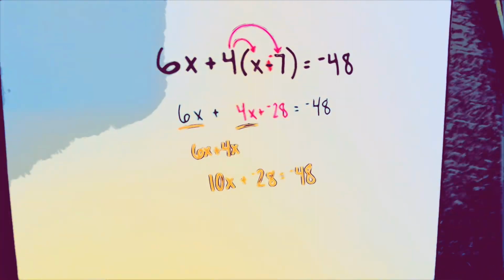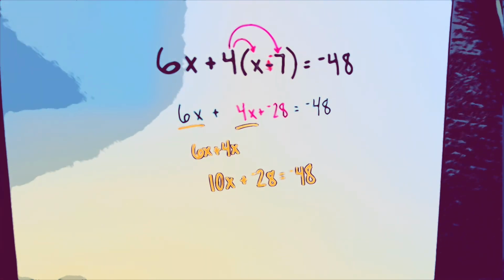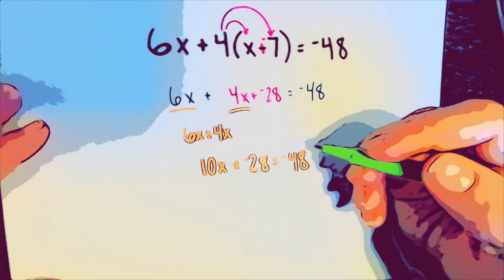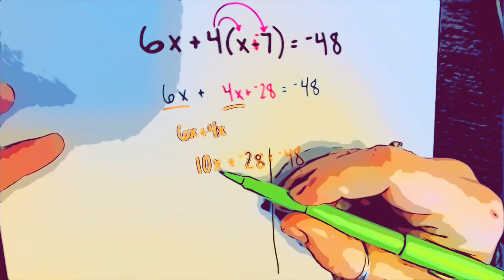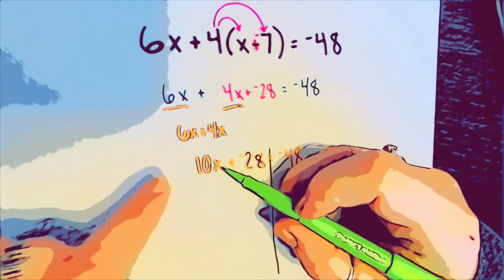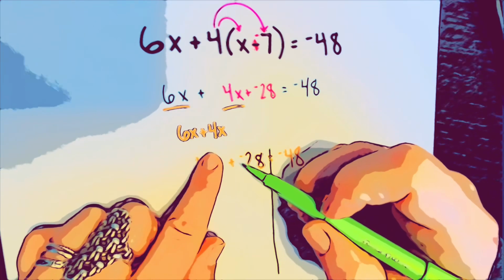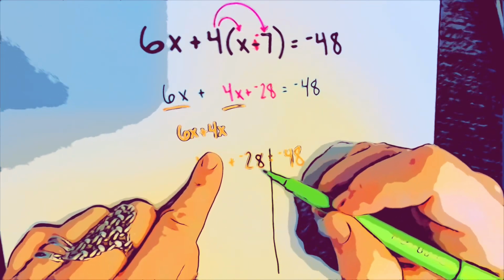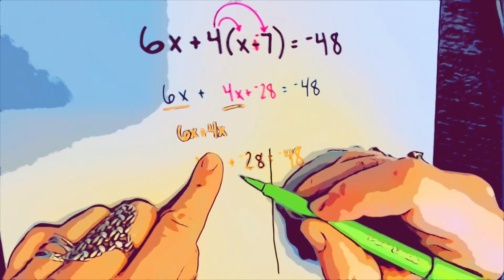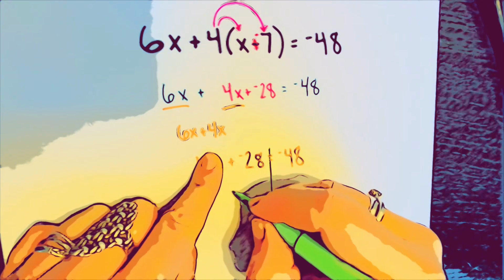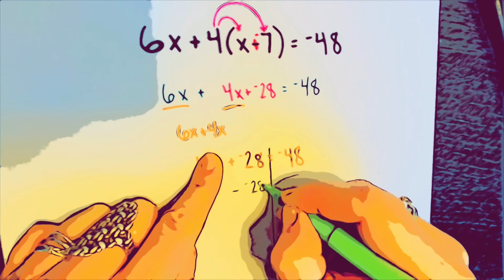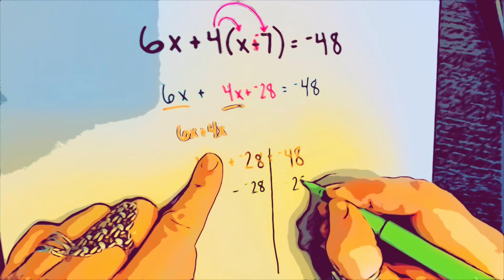Okay, we are going to solve for x. That means I am going to draw a line down my equal sign. And I'm going to work backwards to get x alone. X is being multiplied by 10, but first we're going to ask ourselves, how do we get rid of this -28? We have plus -28. The opposite of plus -28 is minus -28. And we're going to do that to both sides.